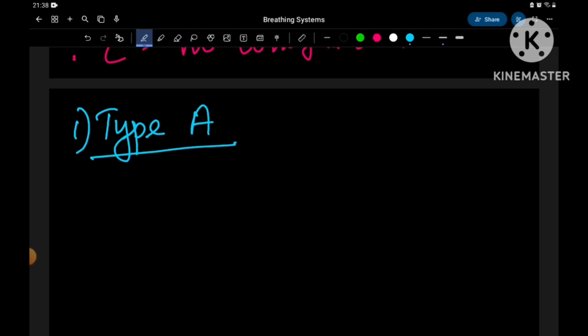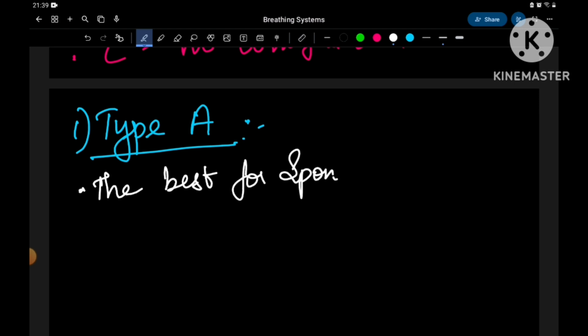See, type A. What is the main significance of this? Right? See, type A, it is the best for spontaneous ventilation or spontaneous respiration.